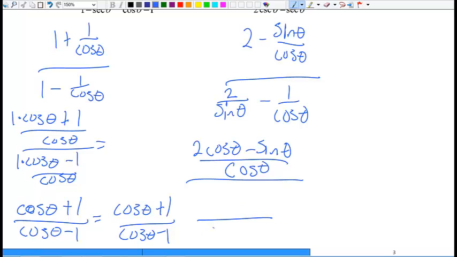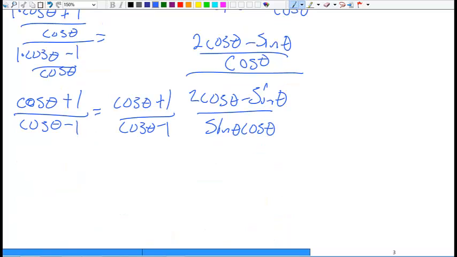Denominator, the common denominator would be sine theta, cosine theta. Okay. Well, what's this first fraction missing? This first fraction that says 2 over sine, it's missing the cosine. So that becomes 2 cosine theta minus, in the second fraction, it's missing the sine, so 1 times sine gives us sine theta. And then hopefully you can kind of see what's going to happen next here.